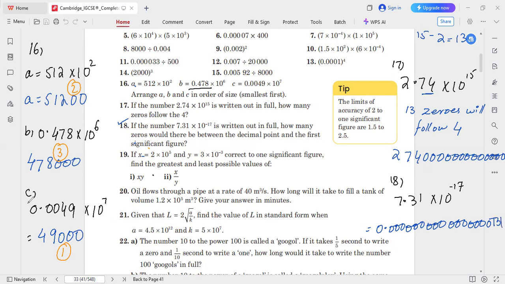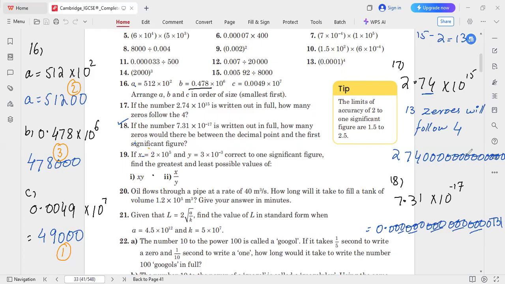It's difficult to write the number down completely here, but almost. So 16 zeros are these. When 7 is also included, obviously 17 numbers, you can easily count them to write the number in the full form.